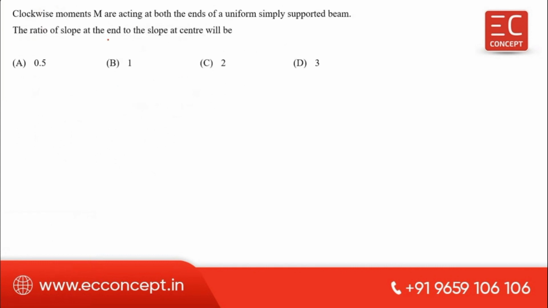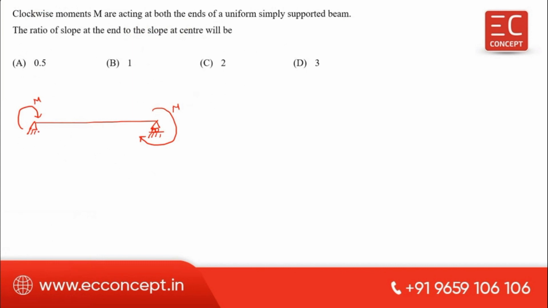Okay. Next one. Clockwise moments M are acting at both ends of a uniform simply supported beam. So there was a beam in which a clockwise moment was applied, M. So clockwise moment is applied.